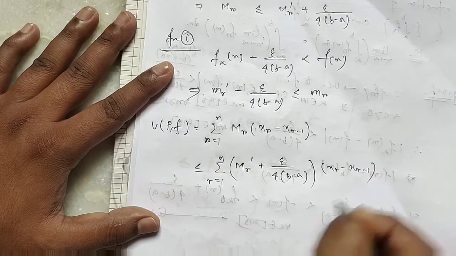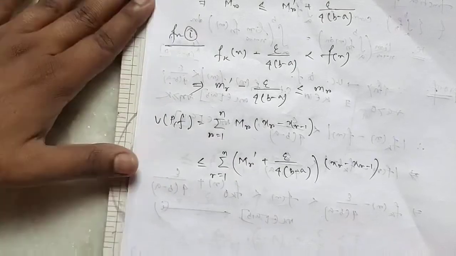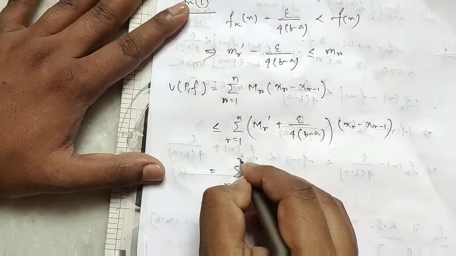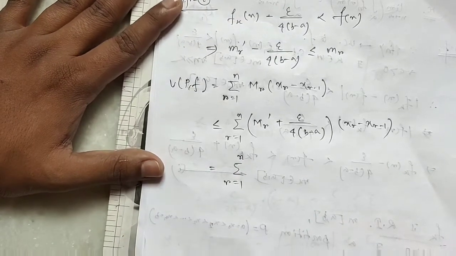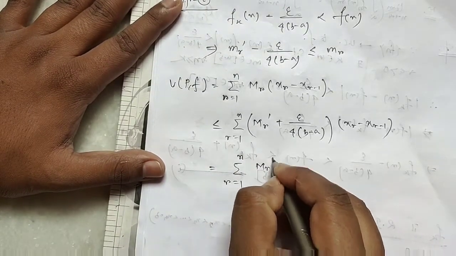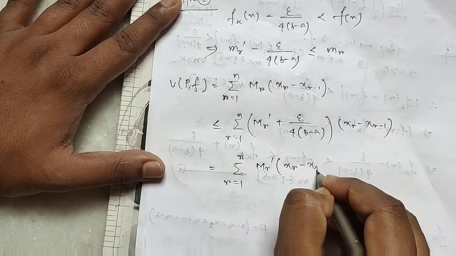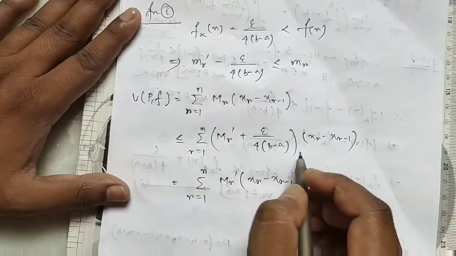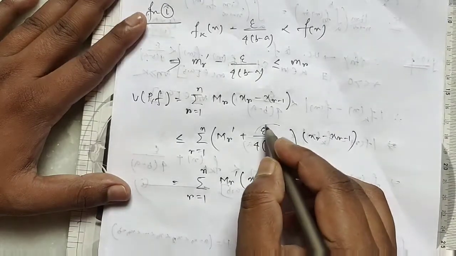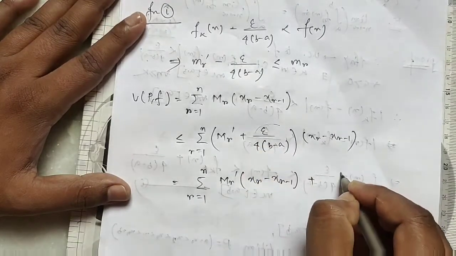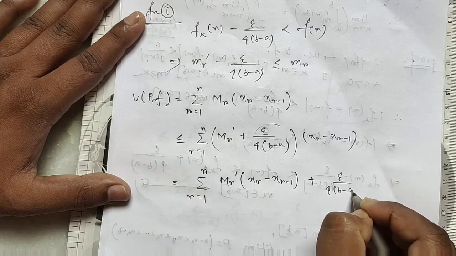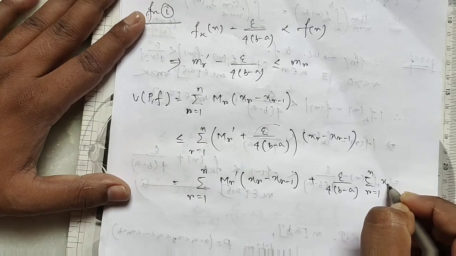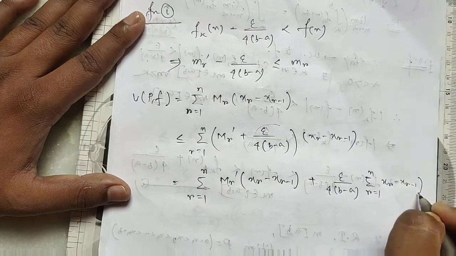Okay, so this equals summation r equal to 1 to n M_r dash (x_r minus x_{r-1}) plus, this is the common part, epsilon by 4 into (b minus a) summation r equal to 1 to n (x_r minus x_{r-1}).